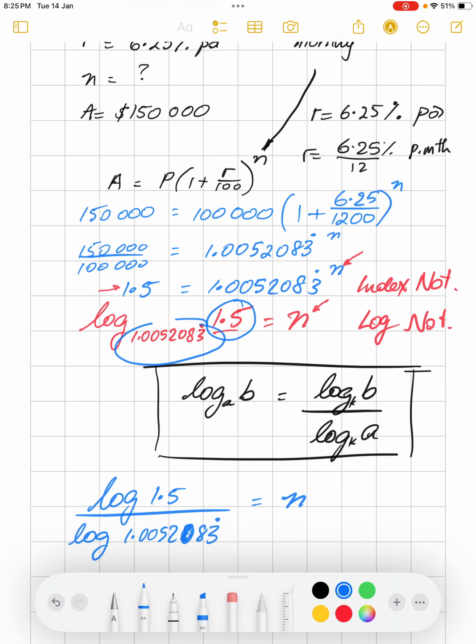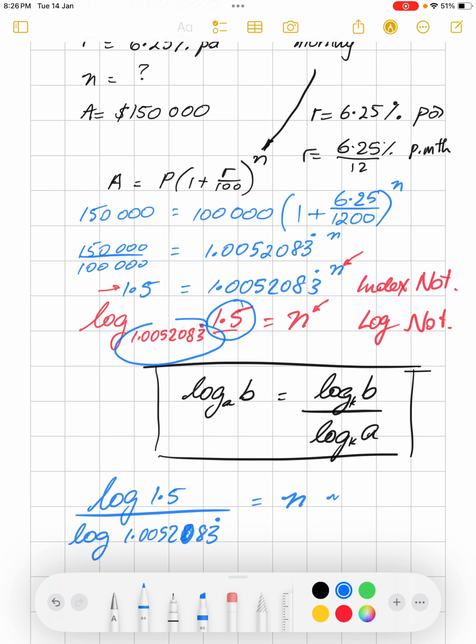Put this in our calculator. I've still got my calculator on and on its side. So the log of 1.5, and divide that by, I'm going to use base 10, so I don't have to write the 10, divided by the log of 1.0052083, and hit equals.